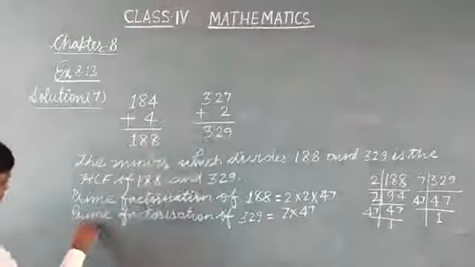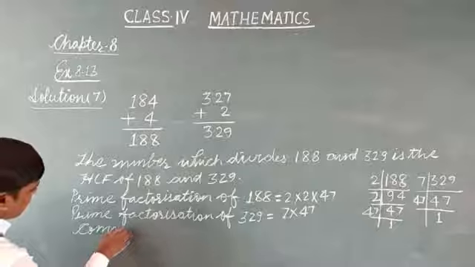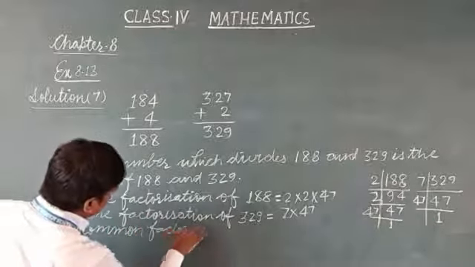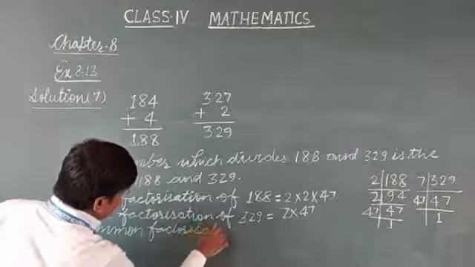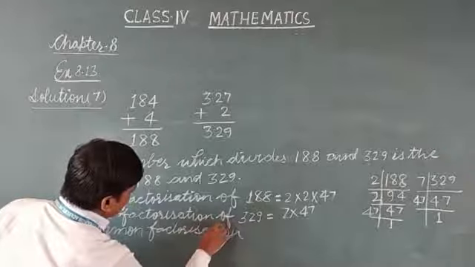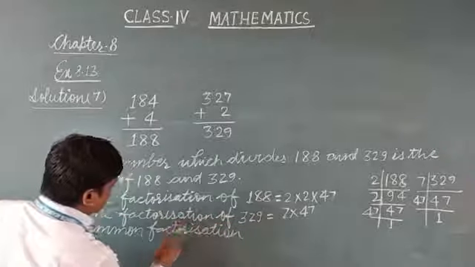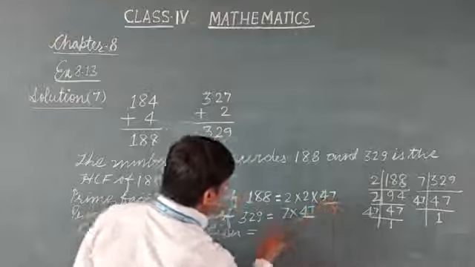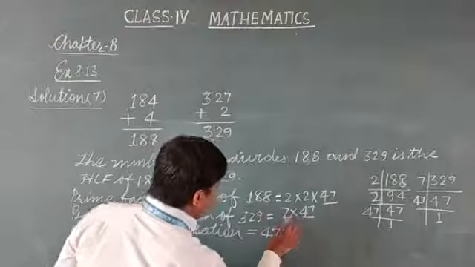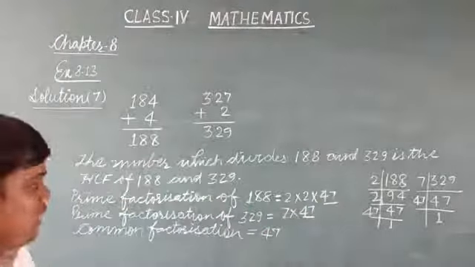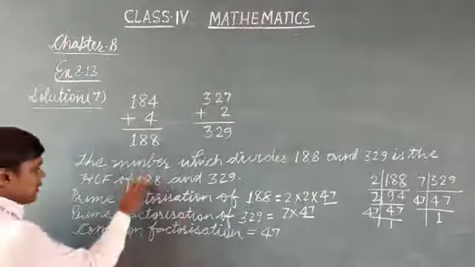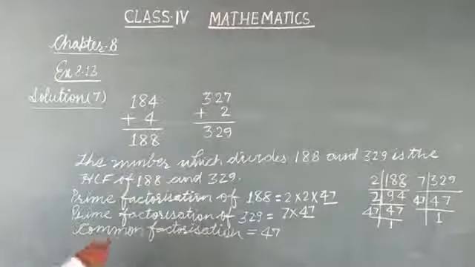And the common factor, in these two the common one is only 47. So this is the required number which divides 188 and 329 exactly.